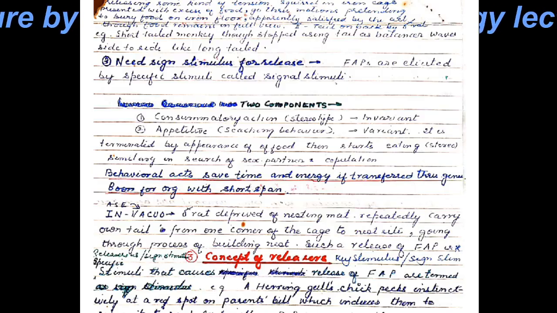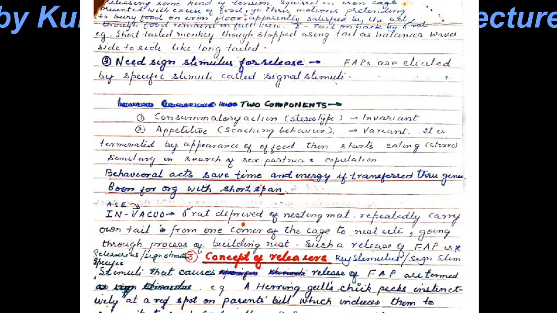For example, brood parasitism, which is demonstrated by the European cuckoo. It exploits the sign stimuli of other birds. Here the cuckoo learns the sign stimuli of a different species, that is, it breaks the code and uses it for its own benefit.